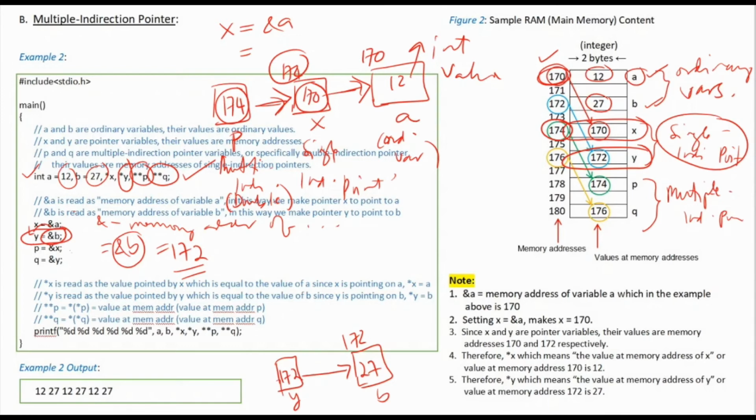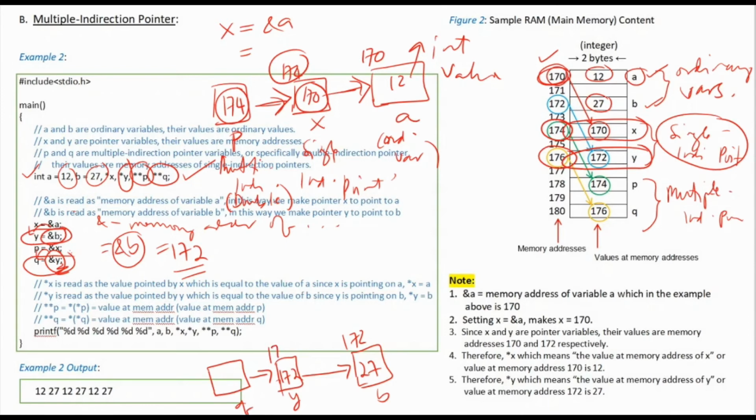And for this line, we assign the memory address of Y to Q. And take note, Q is a double indirection pointer. So since it is a double indirection pointer, it can only point to a single indirection pointer. And this is Q. What is then the value inside? It is the memory address of Y, which in our example is 176.